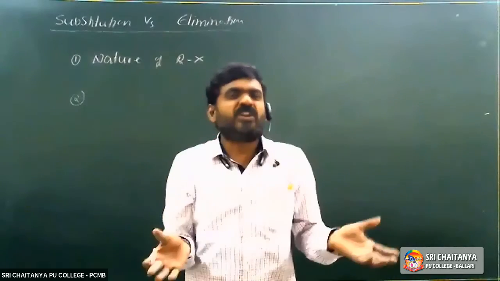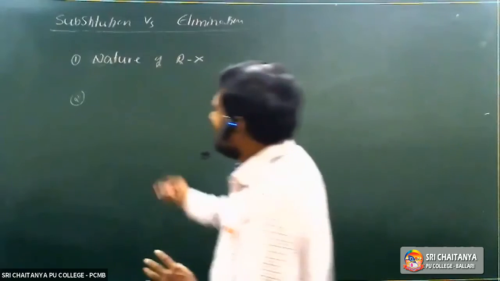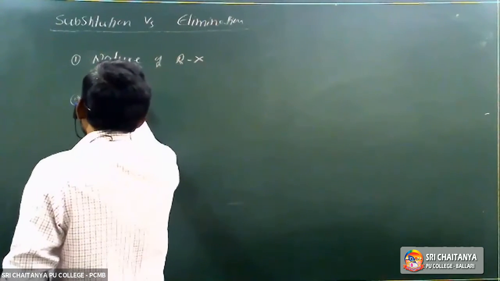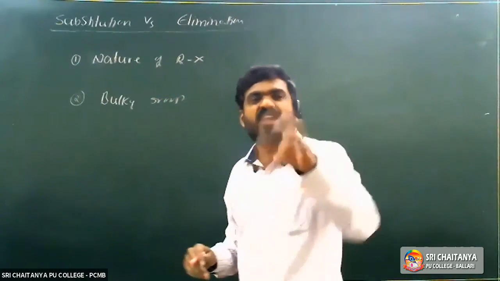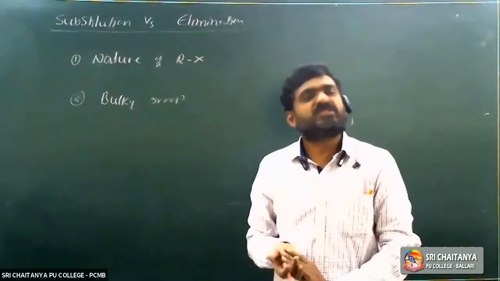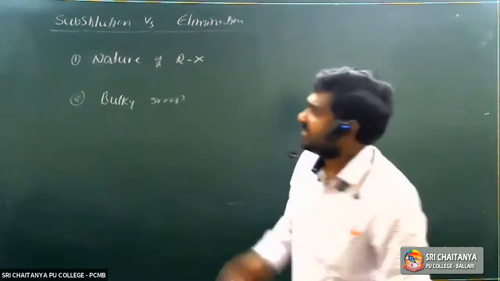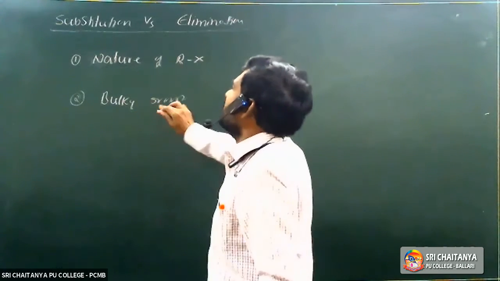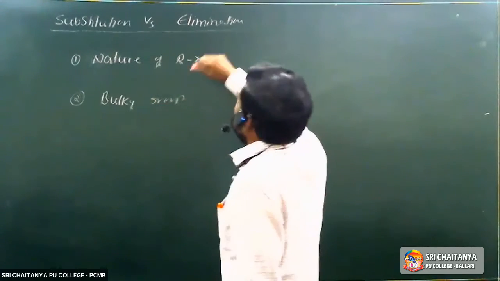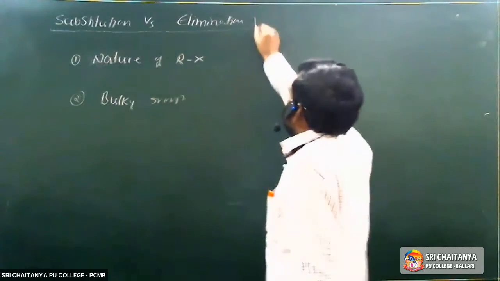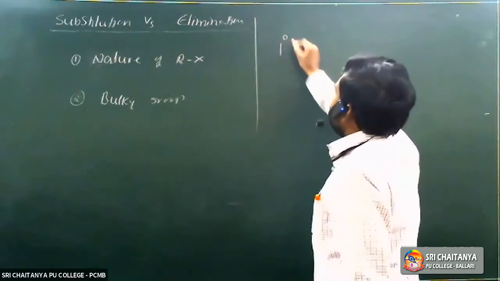Bulky groups leave easily and undergo elimination reactions easily. Bulky group means large size. Example, I minus can easily be involved in substitution reaction, then Br minus, then Cl minus, then F minus. So it also depends on the bulky nature of the group. So substitution versus elimination means, if we take primary alkyl halides.